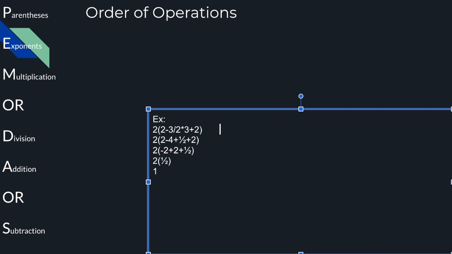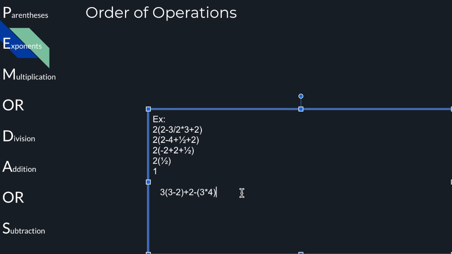I could put in another equation, so let's do that here. We're going to do 3 minus 2 plus 2 minus 3 times 4. Step 1 would be to get the parentheses down.